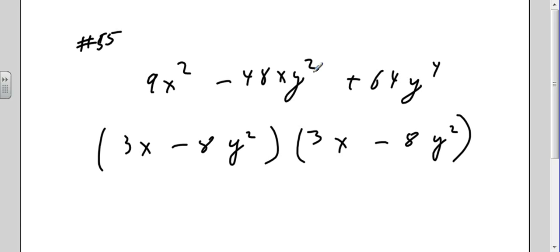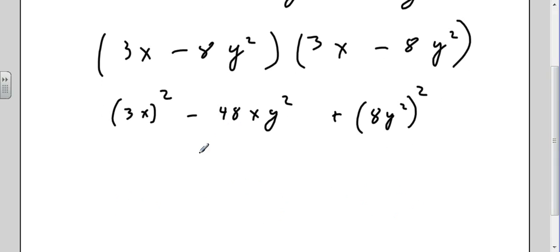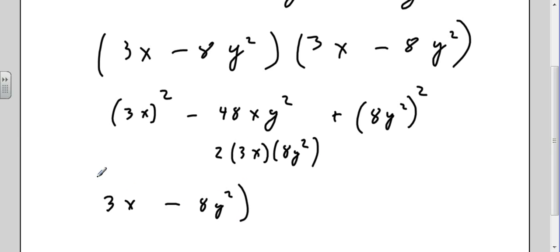I could have gone and said, this is 3x squared minus 48xy squared plus 8y squared squared, and then I'd say, well, gee, in here this is just 2 times 3x times 8y squared, so I'm in the right form, and this becomes 3x minus 8y squared, the quantity squared.